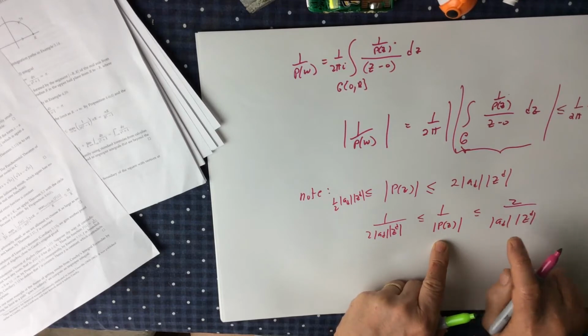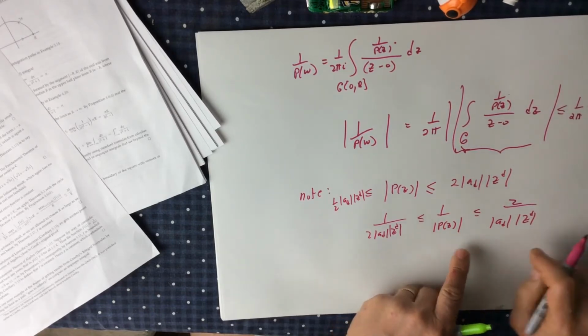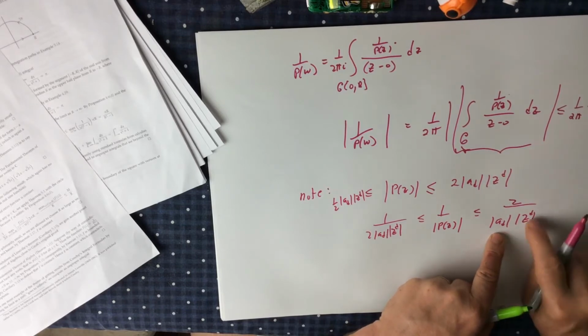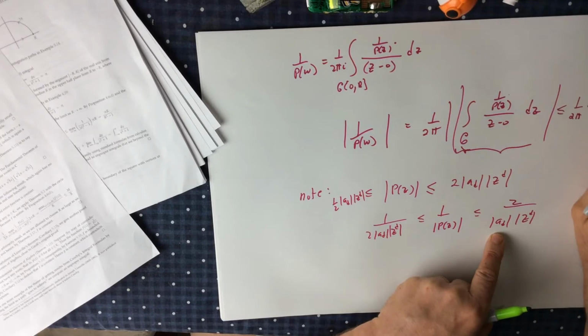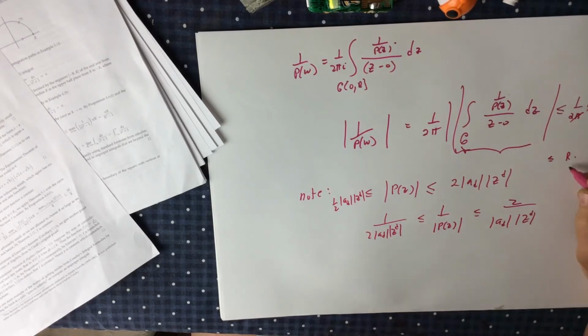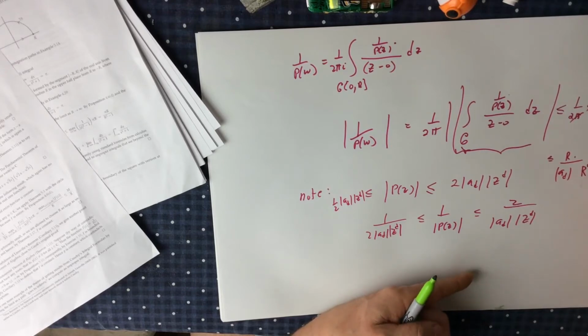Well, we know that this guy is going to be less than this on C, but the modulus of z on a circle is its radius. So this is less than or equal to R over a to the d, and here's the crazy thing, R to the d.